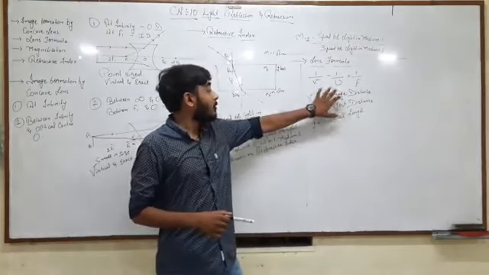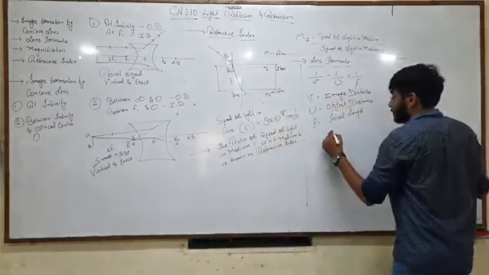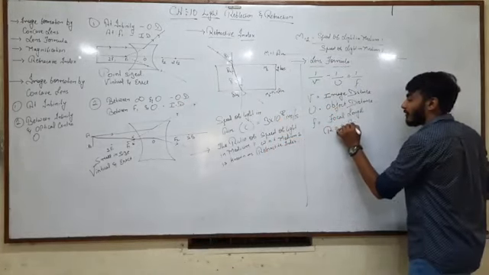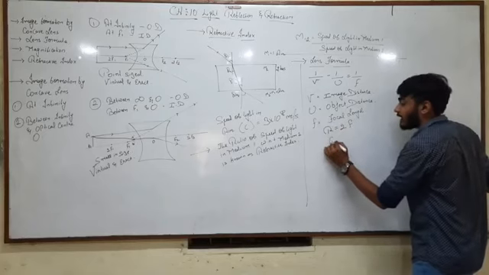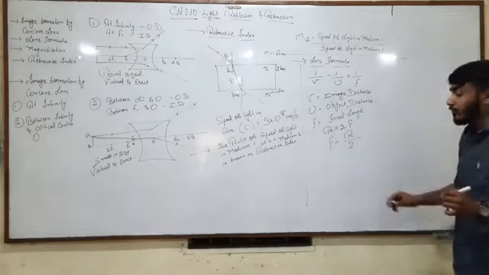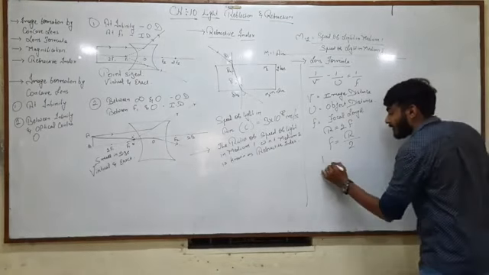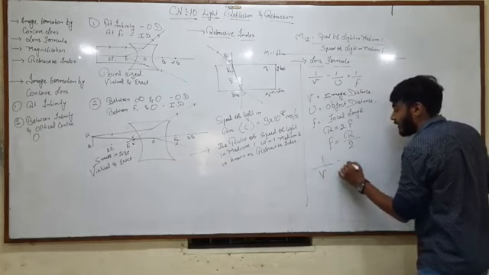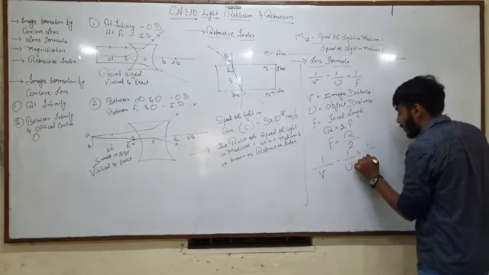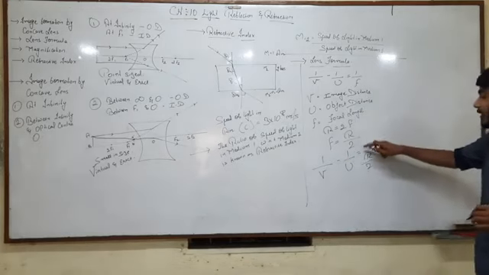Yes, one more formula we can write about this. We know that R is equals to 2F, so we can also write F is equals to R upon 2. So we can change the lens formula to 1 upon V minus 1 upon U is equals to 1 upon R upon 2, because instead of F I can write R upon 2.